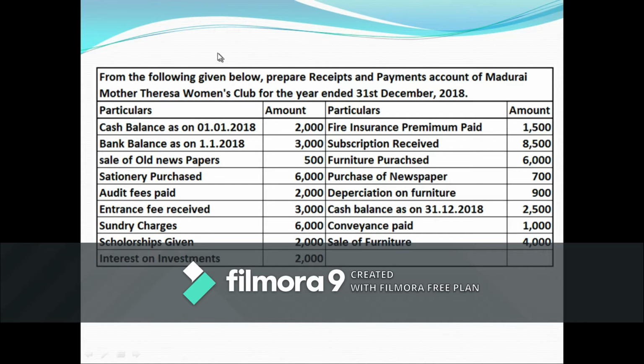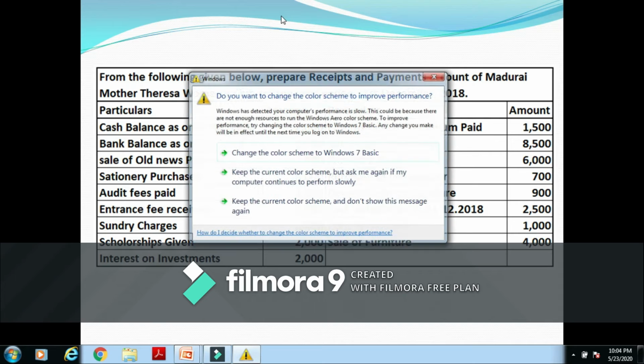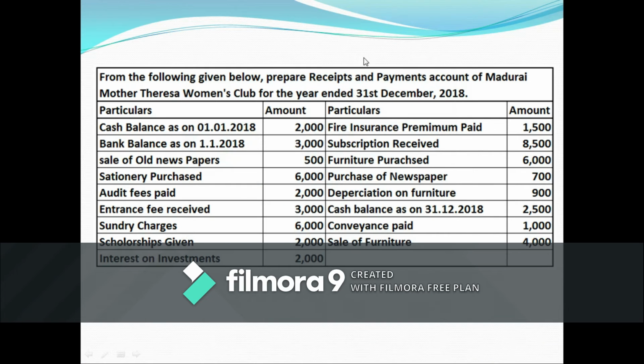Here, sum number 3. From the following, prepare receipt and payment account of Madurai Mother Teresa Women's Club for the year ended 31st March 2018.